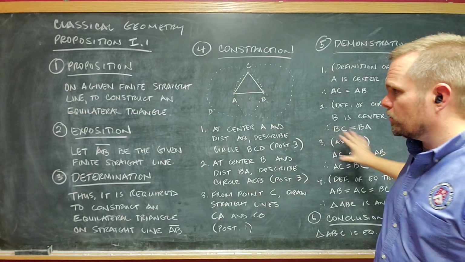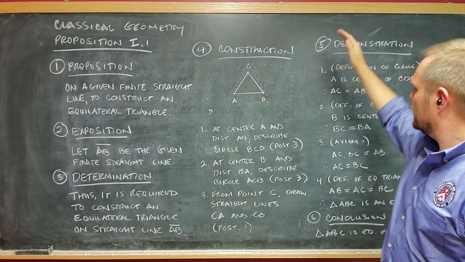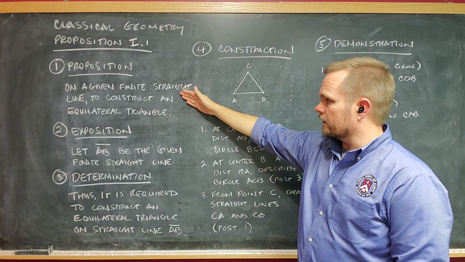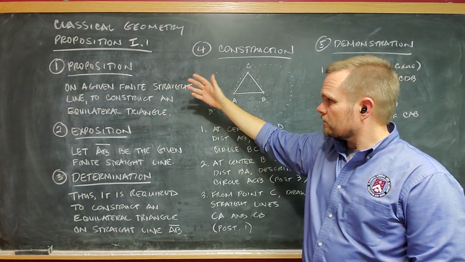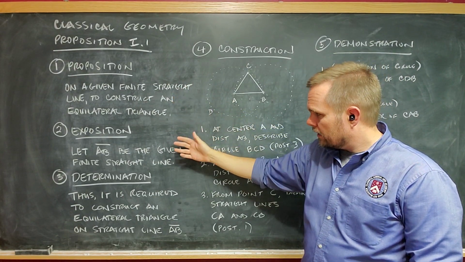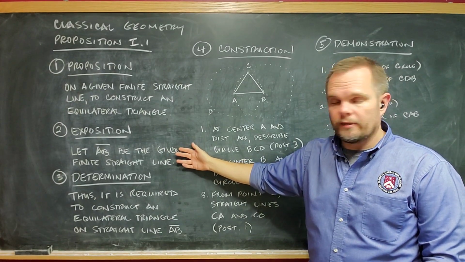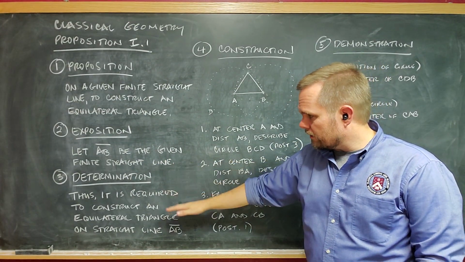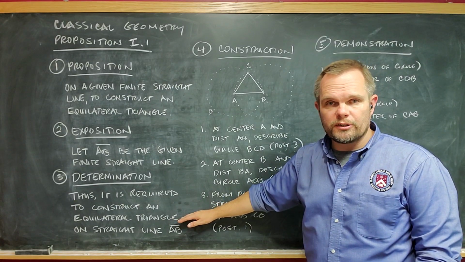But you can go back through that whole process, see how we worked through all 6 parts of the proposition. From the proposition itself, where we're given a general challenge to be solved, what's proposed to us. Then we expose or set out what's been given to us, and we label it to prepare it for our construction. Then we determine what our actual task is for this proposition.